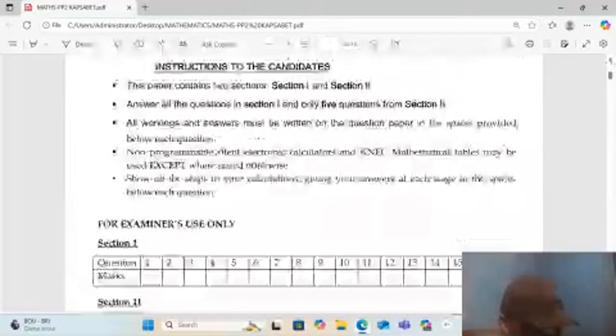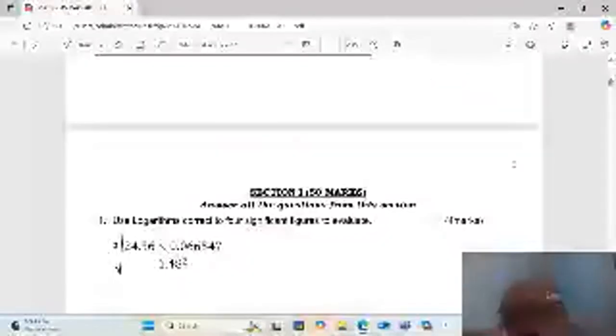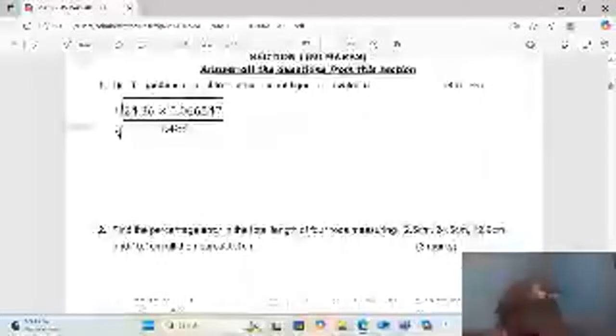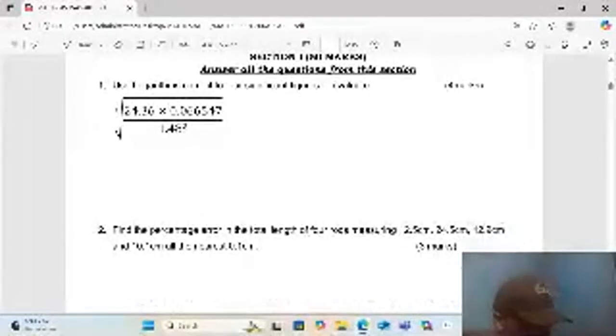So I'll start right from question 1, section 1, then we move together up to the last question in this section.